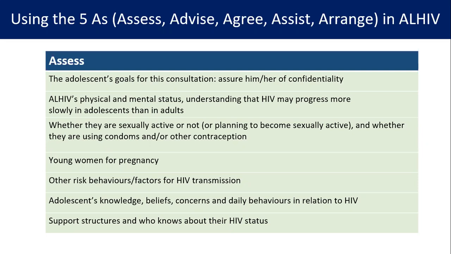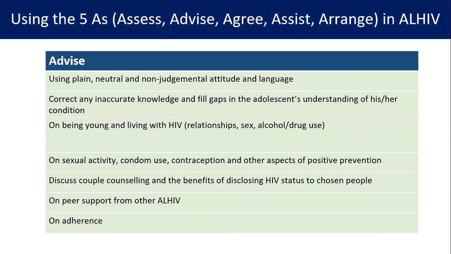Next. After assess comes the advice. So using a plain and neutral, non-judgmental attitude and language, you have to correct any inaccurate knowledge and fill in the gaps in the adolescent's understanding on being young and living with HIV.